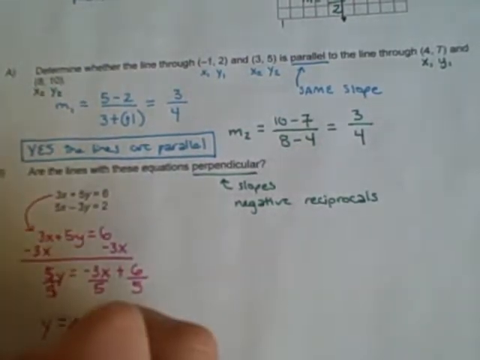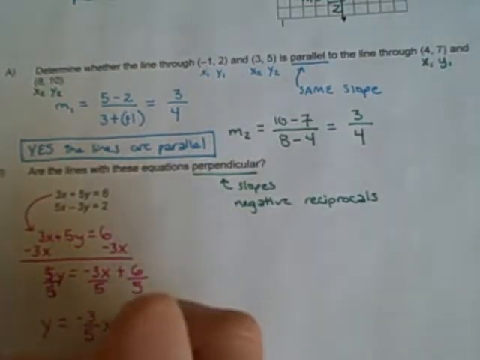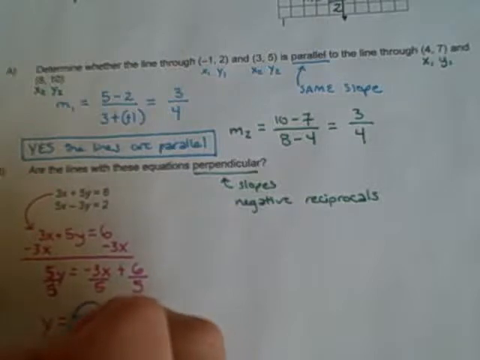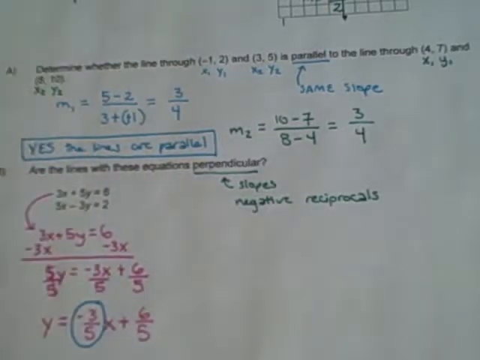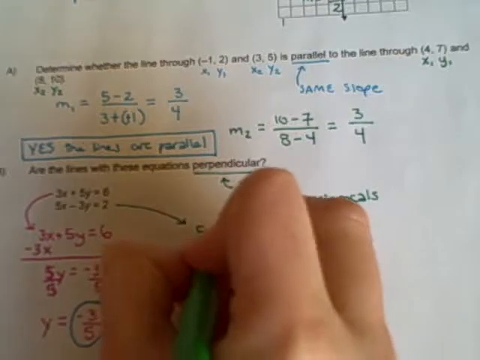So now I have y equals negative 3/5 x plus 6/5. So right away, I can tell the slope of this first line is the number in front of x, or negative 3/5.